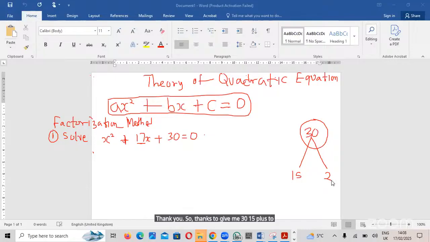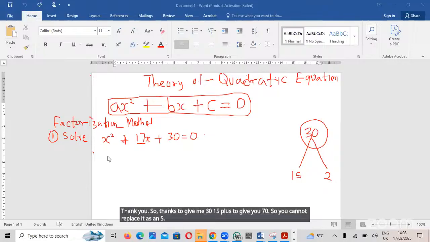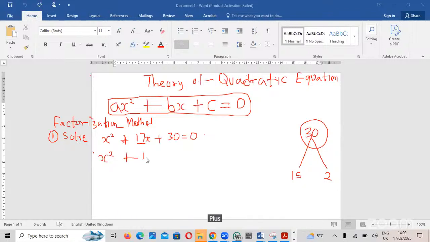It gives you 17. So we can now replace it as x squared plus 15x plus 2x plus 30 is equal to 0.